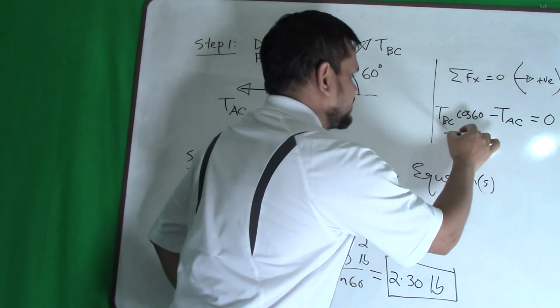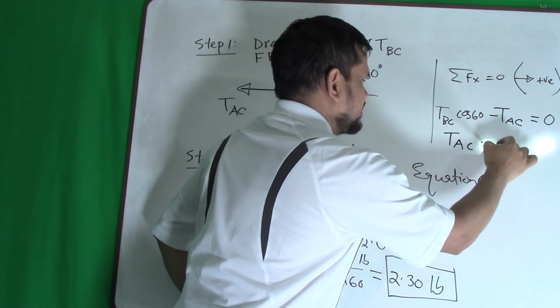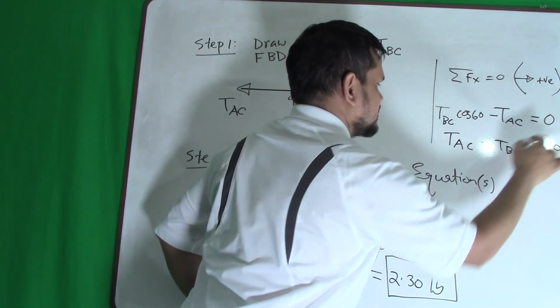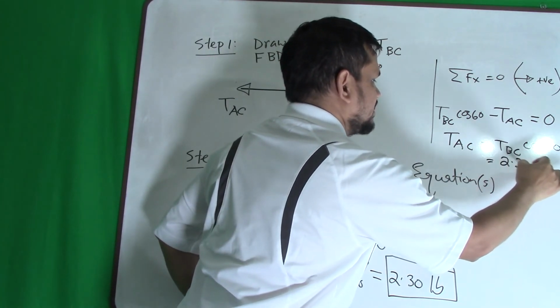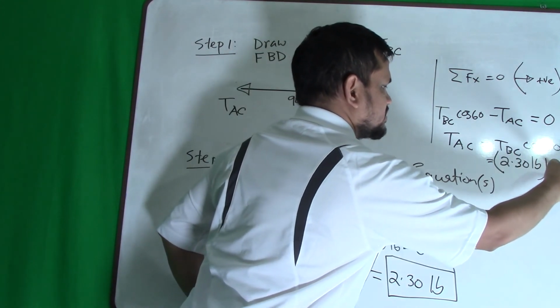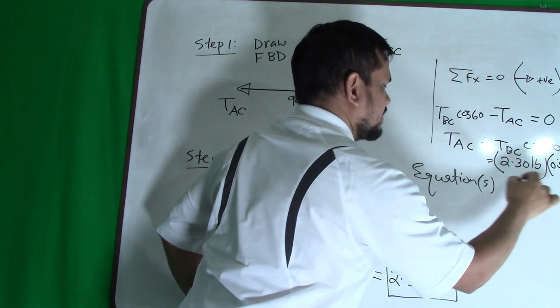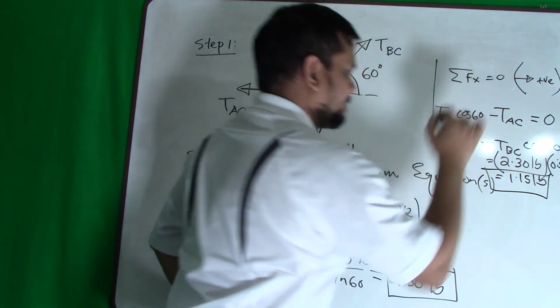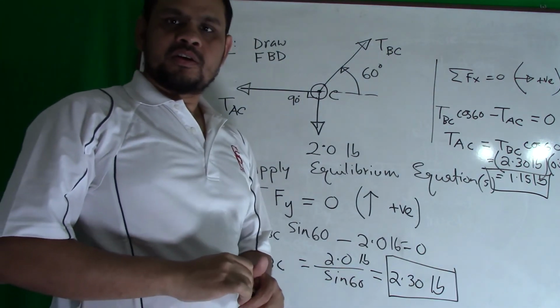Okay, so make it simple. TAC equals TBC cosine 60. TBC I found is 2.30 pounds, and cosine 60 I know is 0.5. So 1.15 pounds.